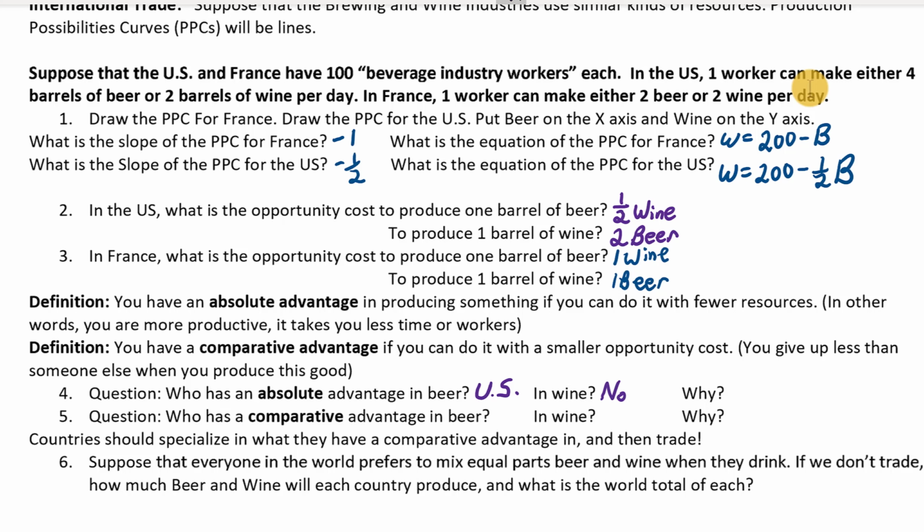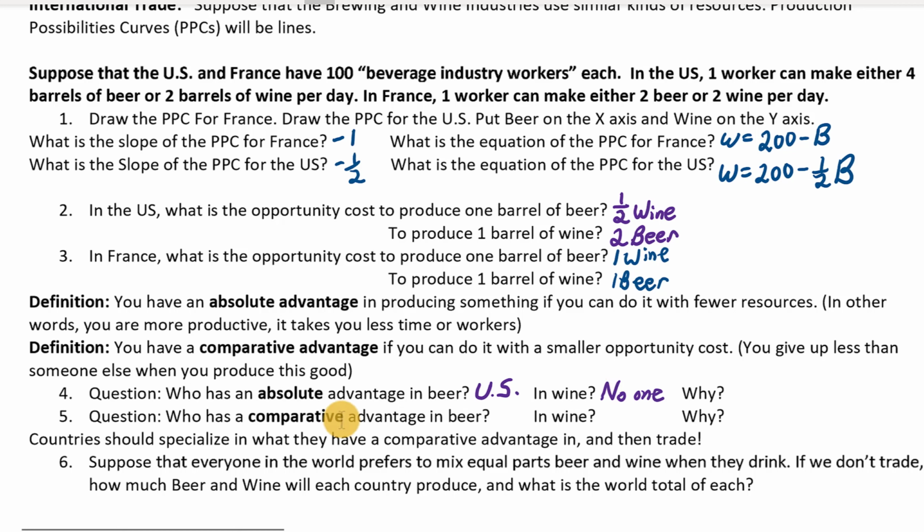Again, how much one worker can produce in each country is how we calculate absolute advantage here. Since workers in the United States are more productive than French workers at making beer, the U.S. has an absolute advantage in beer production. No one has an absolute advantage in wine because they're equally productive.